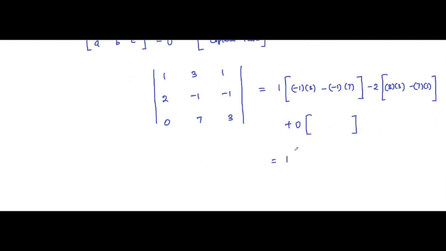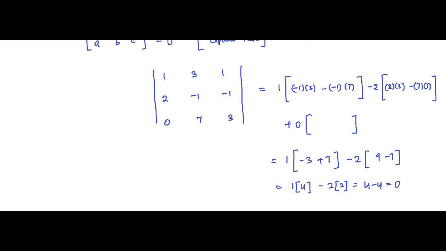So it will be 1 into minus 3 minus of minus 7, which is minus 3 plus 7, and here it is minus 2 into 9 minus 7. So this will be equal to 1 into 4 minus 2 into 2, which is equal to 4 minus 4, which is equal to 0.